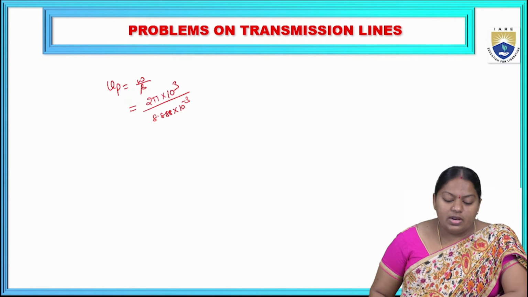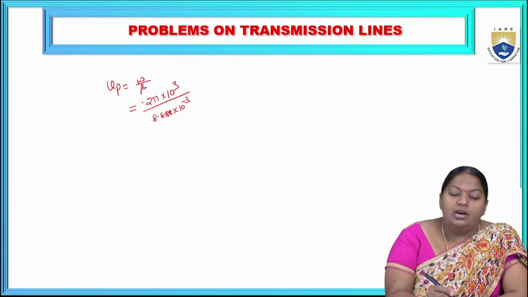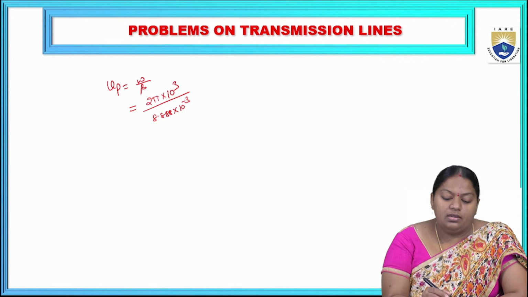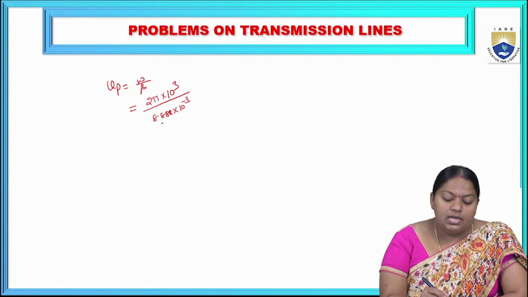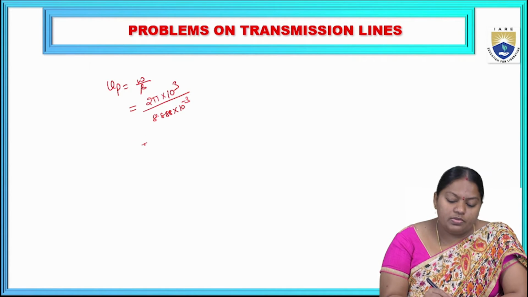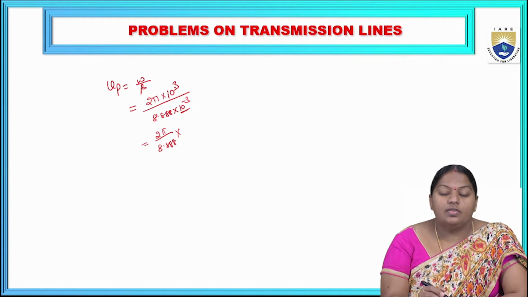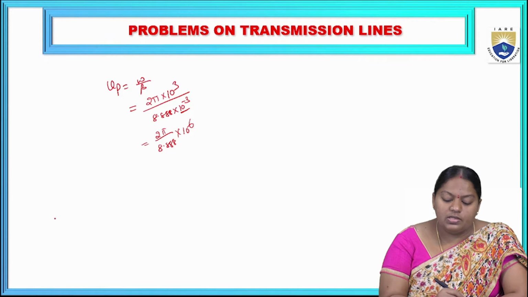So to find the phase velocity here, we will use the formula Vp equal to omega by beta, then 2 pi into 10 cube by 8.888 into 10 power minus 3. If you simplify this, 2 pi by 8.888 into 10 power minus 3, taking the 10 power minus 3 into the numerator, already 10 power 3 is there in the numerator, then it becomes 10 power 6.